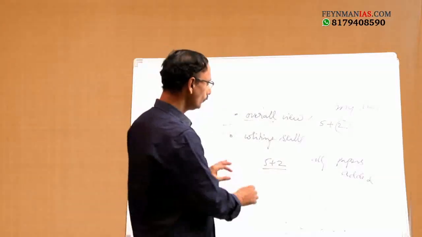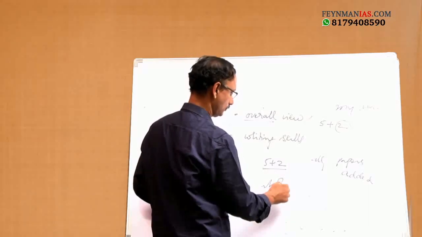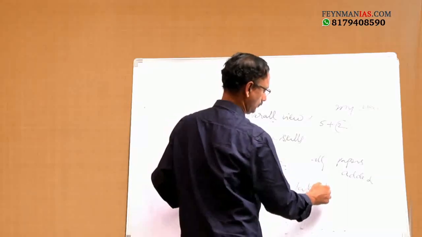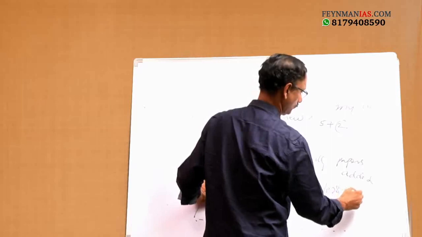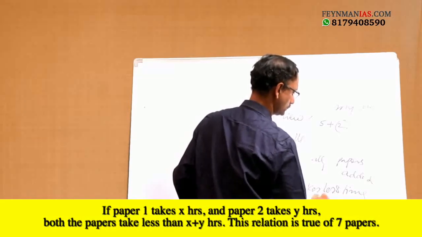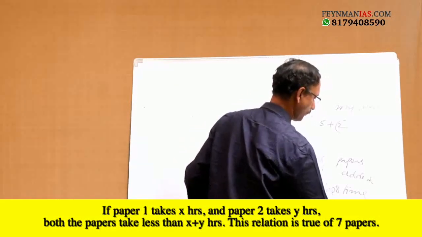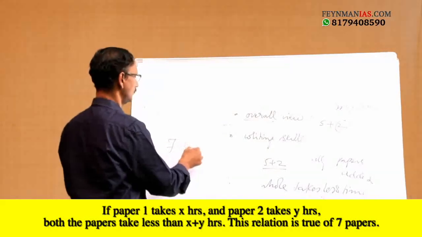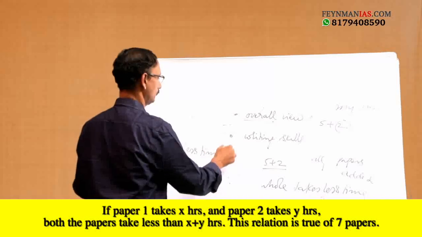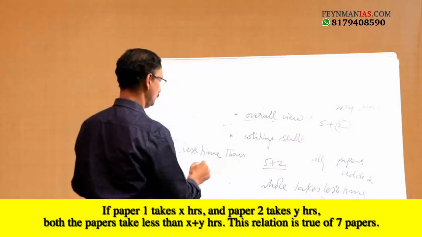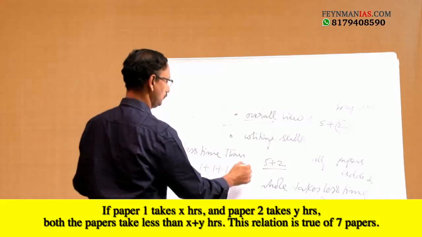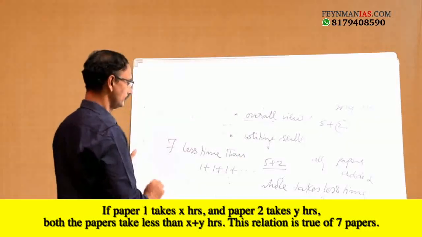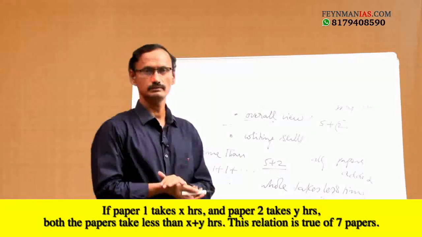So the whole takes less time than the parts. 7 takes less time than 7. That's my approach.